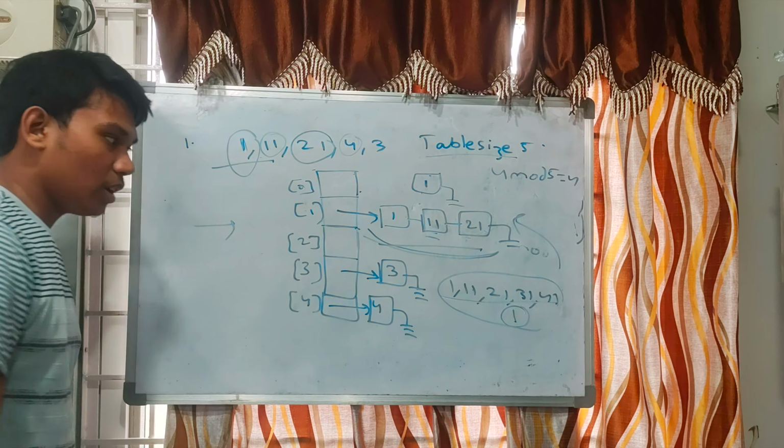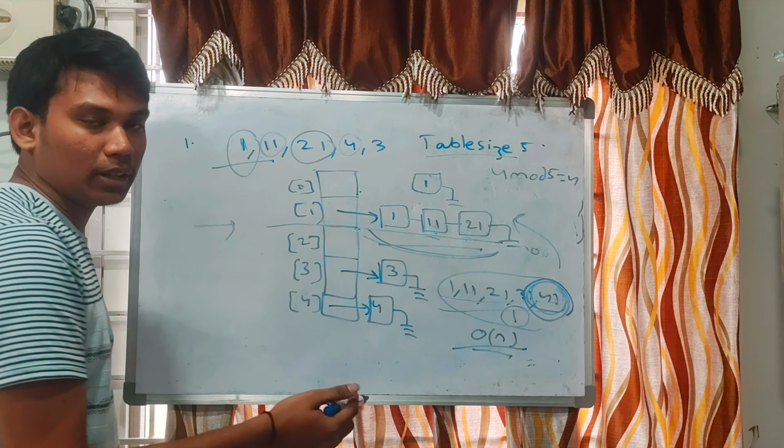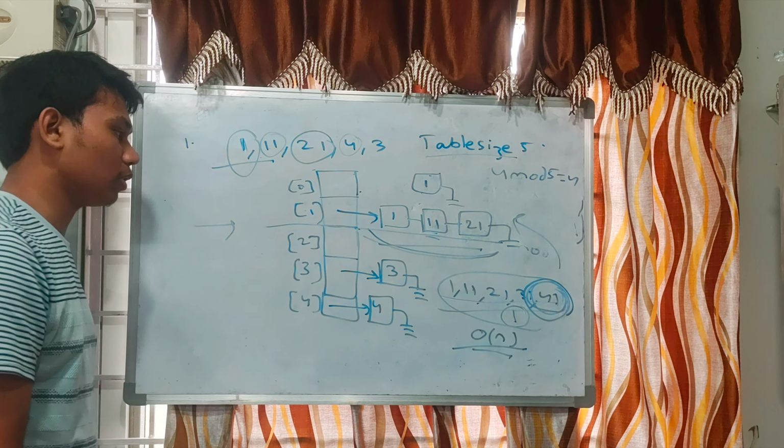So the worst case time complexity is O(n), because we have to traverse all these elements to reach 41. Hashing ensures that searching and retrieving is done in O(1), but with this technique we have a drawback: in the worst case, if all are kept in the same chain, then retrieving the last element takes O(n). This is the drawback of separate chaining. It can be overcome by the techniques discussed in the next tutorials. Thank you.